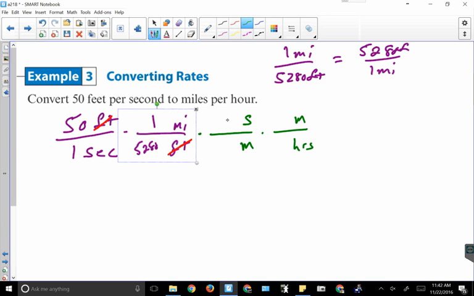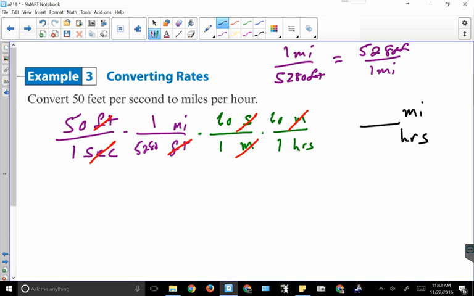So that gives me 60 seconds, 1 minute. 60 minutes, 1 hour. Do my labels cancel out? Seconds cancels with seconds, minutes cancels with minutes, and I'm left with hours. So my final answer here is going to turn this thing into miles over hours. Okay?